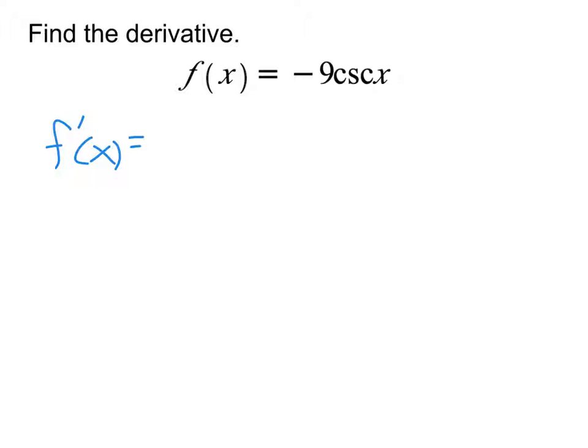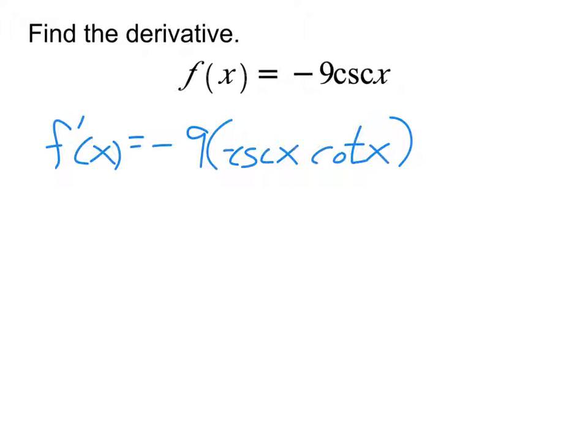So I know my answer is going to be negative 9 times whatever the derivative of my function is. So what is the derivative of cosecant of x? So you look in your notes, you find cosecant, and you see it ends up being negative cosecant of x times cotangent of x. And so that's what we're looking at there.